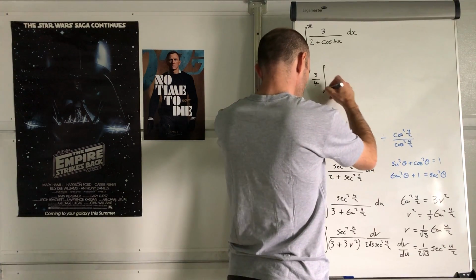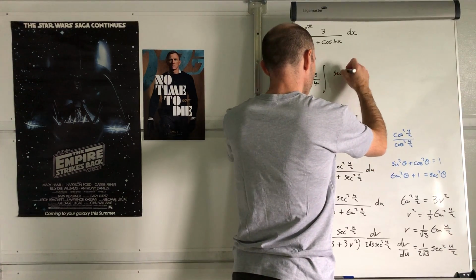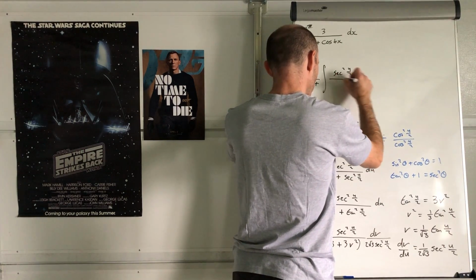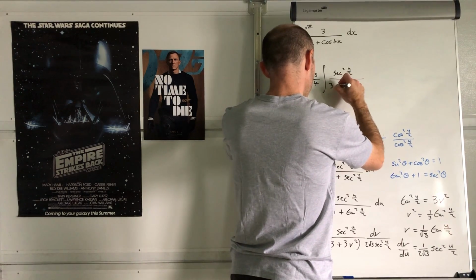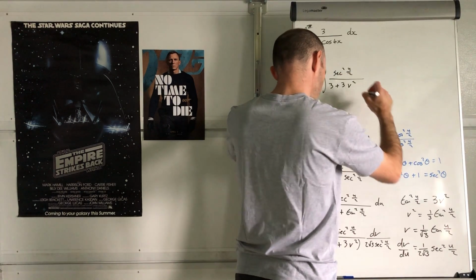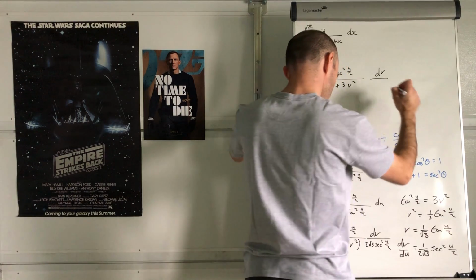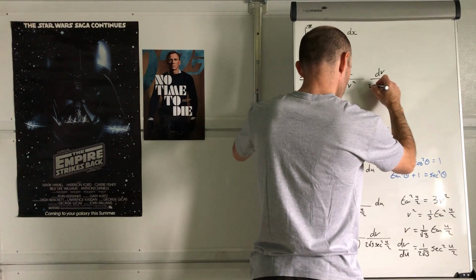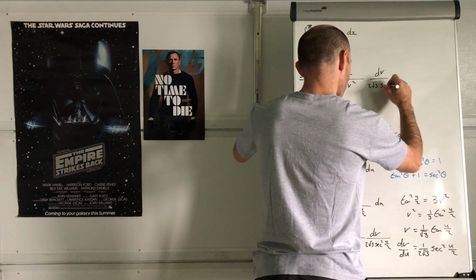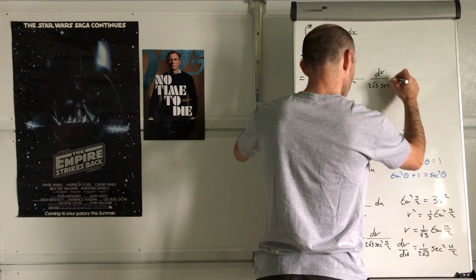So I've written it as 3/4. I had sec squared u over 2 on the top. On the bottom I had 3 plus 3v squared, and I had dv over 2 root 3 sec squared u over 2.